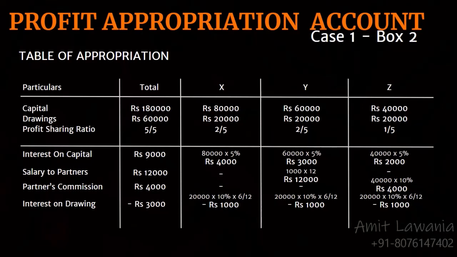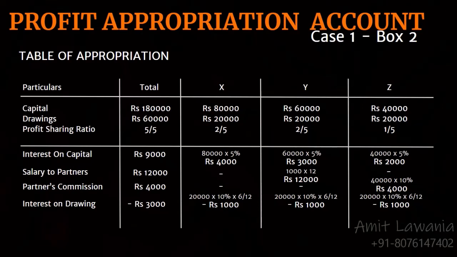So the interest will be rupees 20,000 into 10%, which is 10 by 100, into 6 by 12, and we get the answer as rupees 1,000 for each partner.